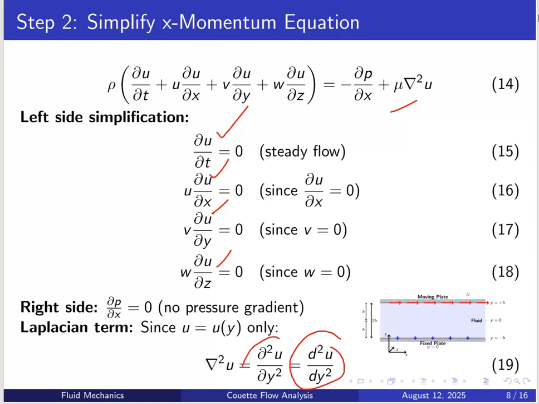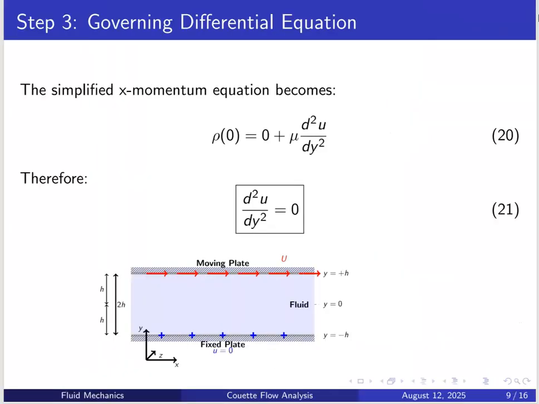As u is a function of y only, the partial derivative becomes an ordinary derivative. So we have mu d²u/dy² equal to 0.